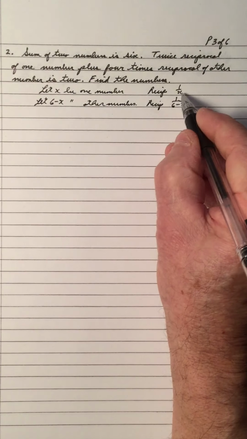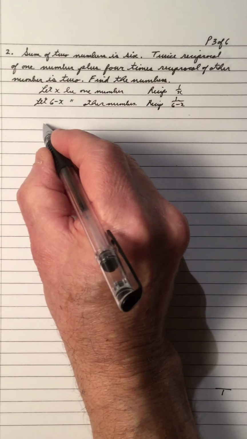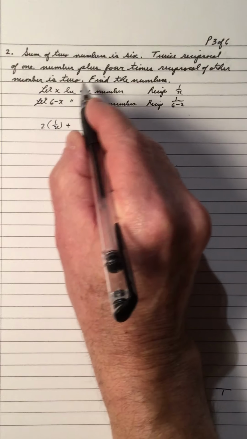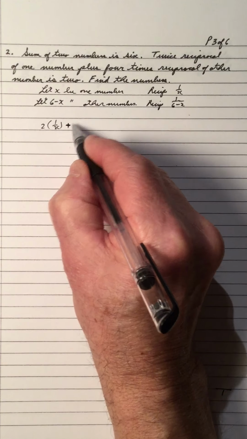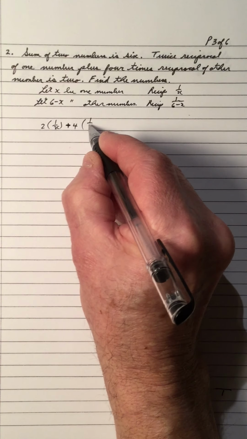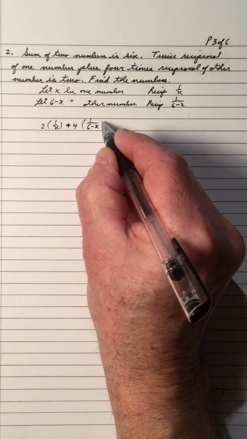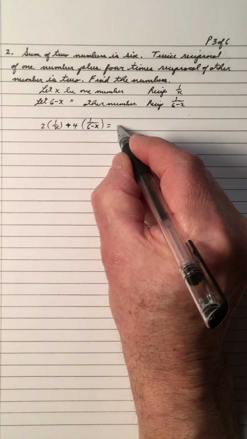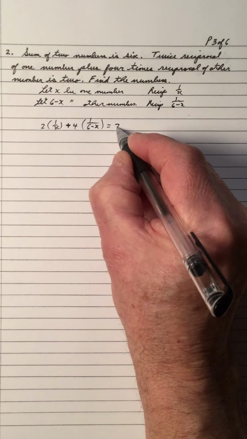So it says twice the reciprocal of one number, plus, which means add, 4 times the reciprocal of the other, and you get 2.